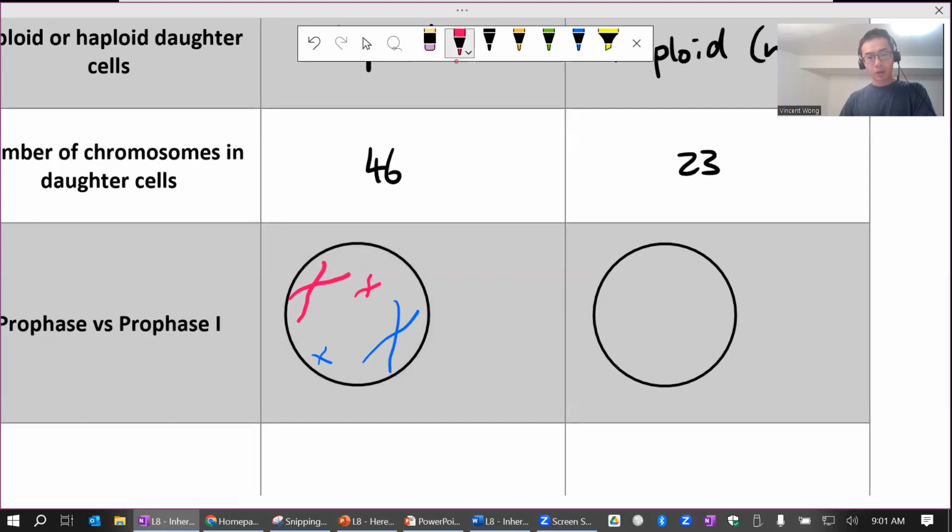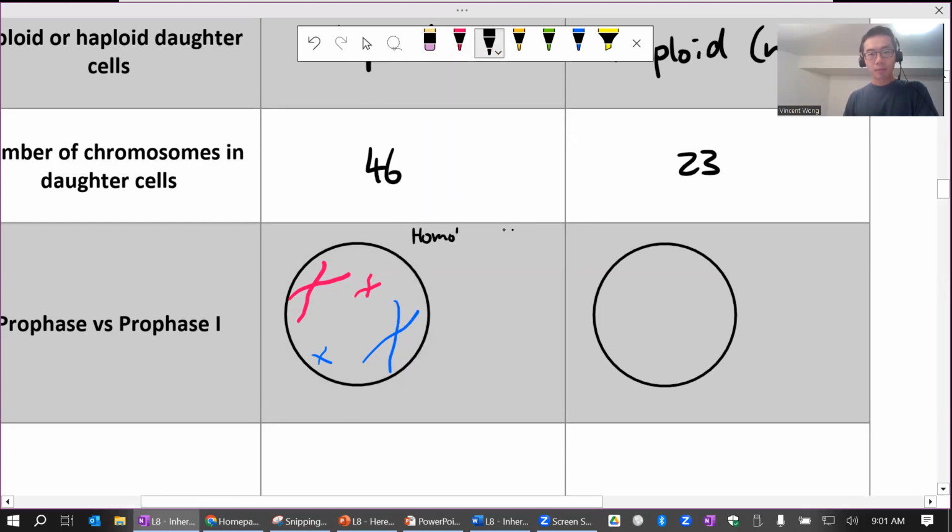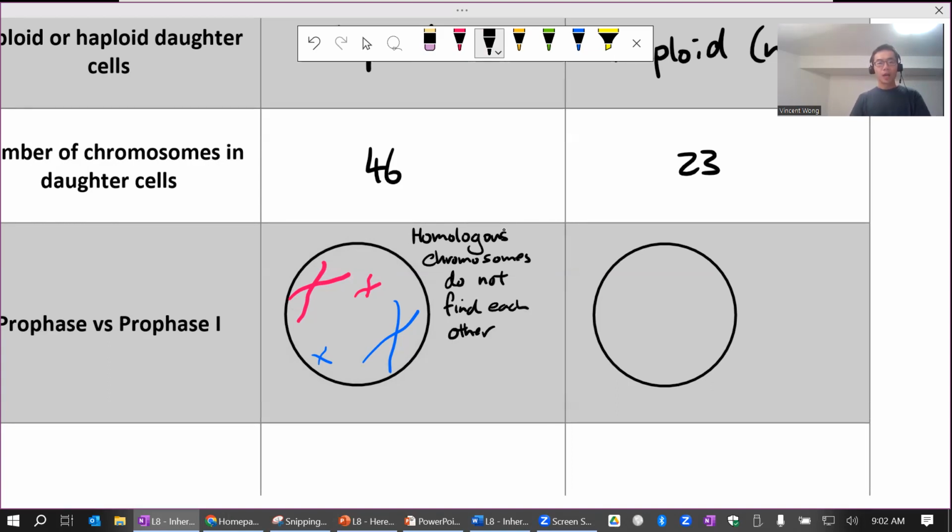The big one and the big one are homologous, but they don't pair up. So here we'll say homologous chromosomes do not find each other. They are just randomly located in the cell.